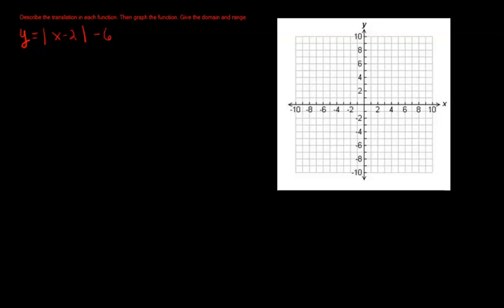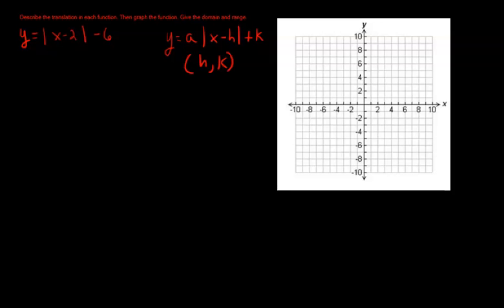And it might be good to again mention the general formula here would be y equals some value a times the absolute value of x minus h plus k, where this vertex value is going to be h, k.